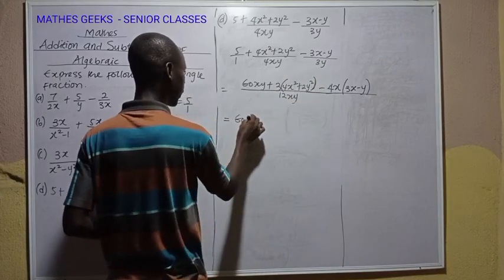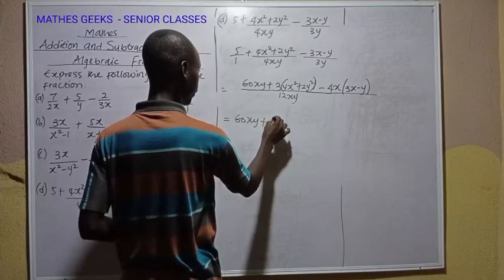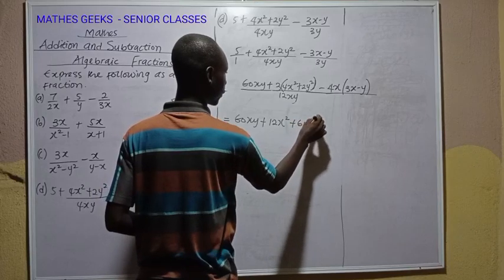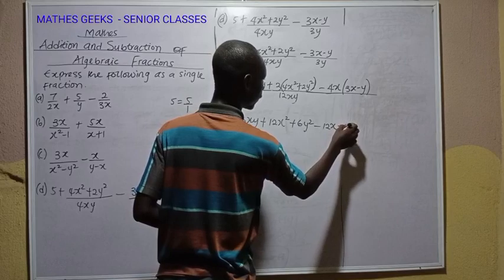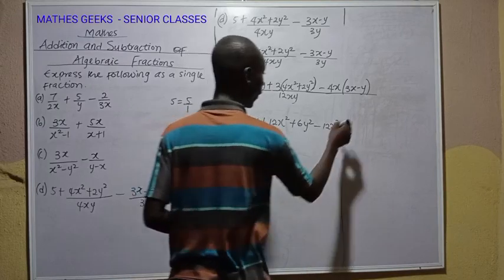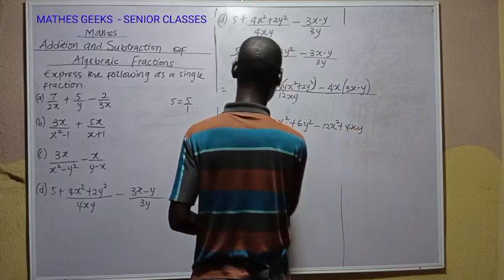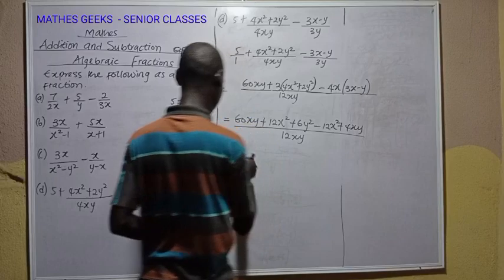We have 60xy plus 3 times 4x squared will give us 12x squared plus 6y squared, minus 12x squared plus 6xy, over 12xy.